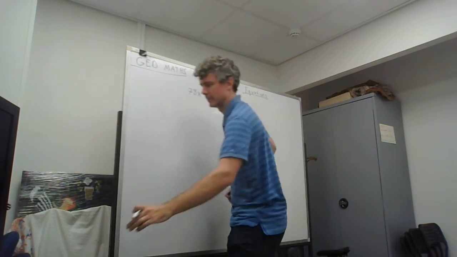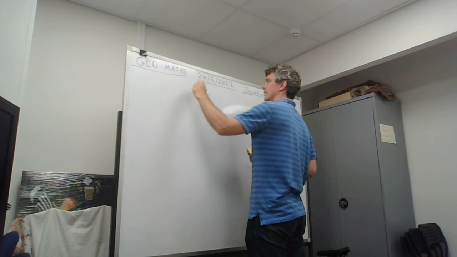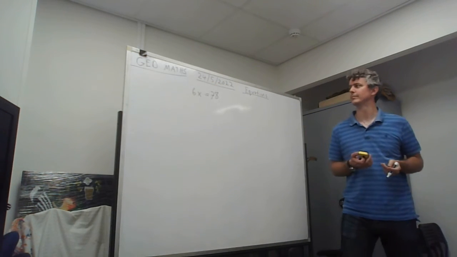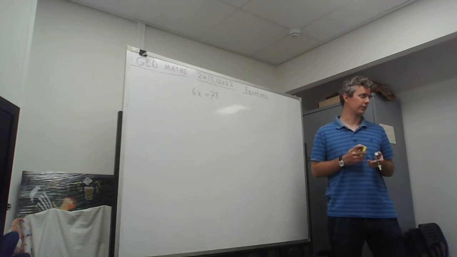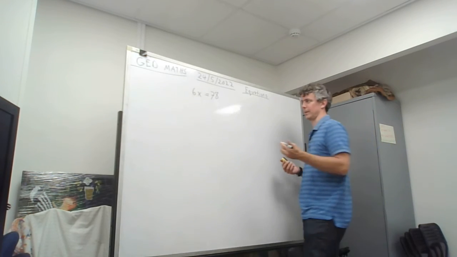Sorry, the other way around. 6x equals 78. How would you solve this? Divide both sides by 6, right?